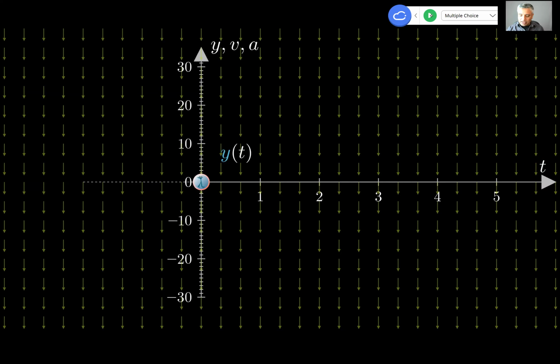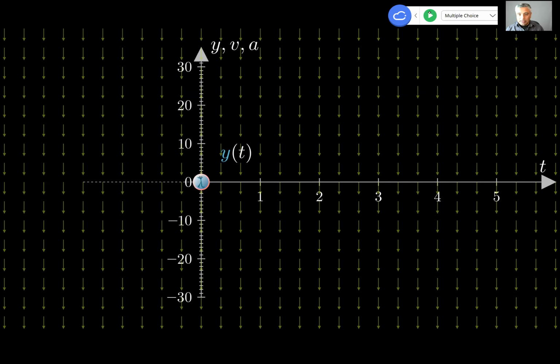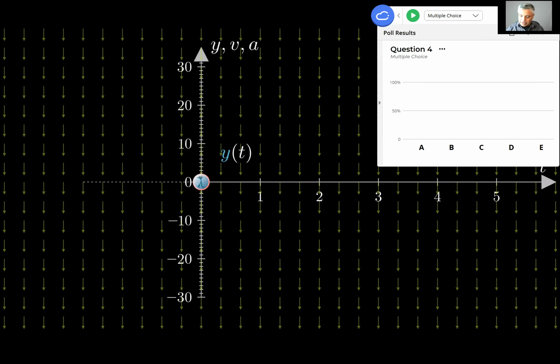I already talked about this graph in my previous animation, but here it shows you. Oops, my bad. I did not mean to start the clicker, rather the animation. I have to remove that question. Hopefully I remember to do that sometime later, or I can do it right here.